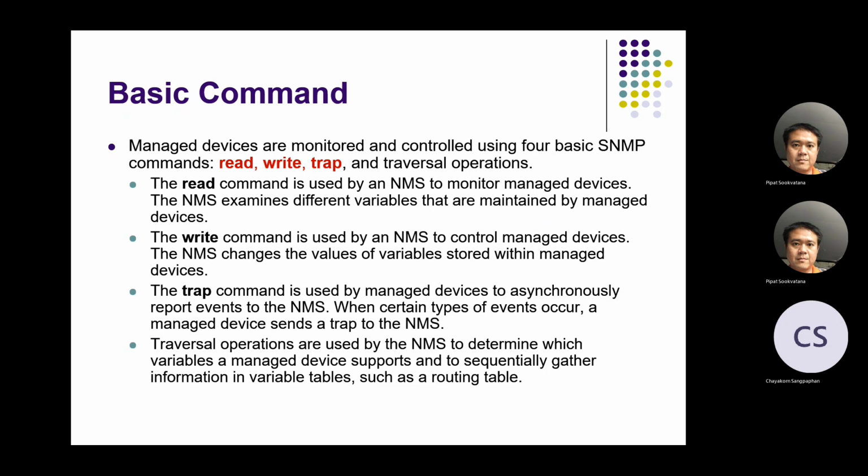If the hard disk space is less than 20%, the trap will trip and the message will be notified by port 162 to the network management system, and the network management system will send the message to the admin's mobile phone that, be careful, the mail server hard disk space is less than 20%.